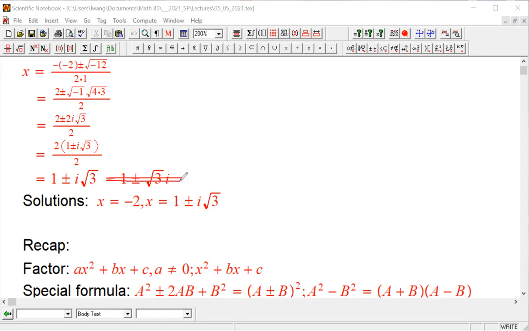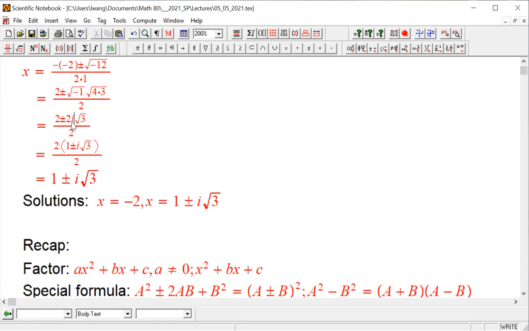Just cross it out. It's not a mistake, but we can easily make a mistake. In this way of writing, you try to be as clear as possible, and this is what I follow.